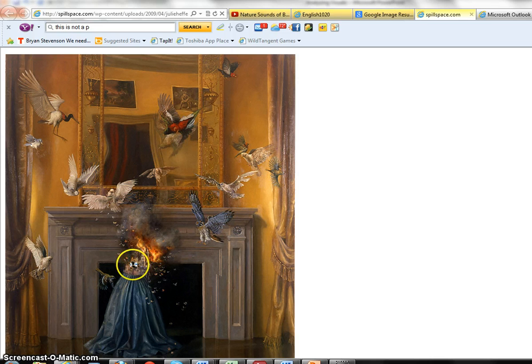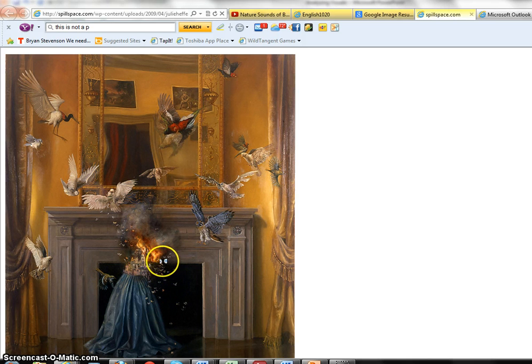Now, what is it that birds represent in general? Birds represent freedom because they have the freedom of flight. Butterflies also fly. Butterflies, we could also say, represent freedom, and these butterflies are coming out of the flame.